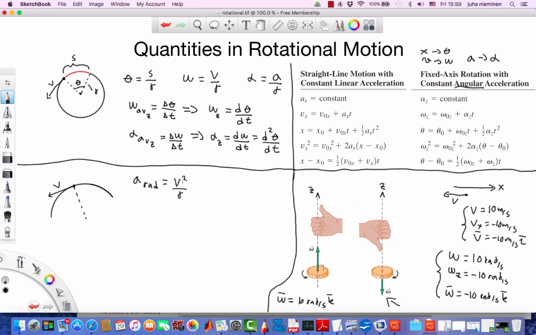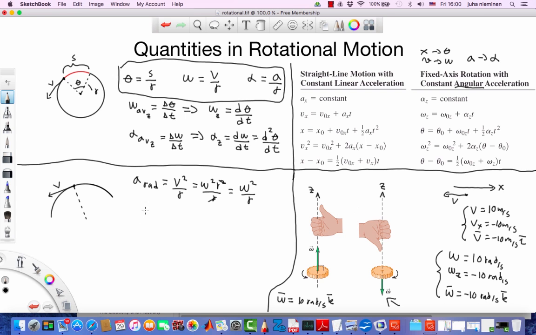And what can we do with this v? So let's keep these definitions in mind. In that case, v is just omega times r. So we get omega times r squared divided by r, and those cancel, so we have omega squared times r. That is the magnitude of the radial acceleration when the angular velocity is omega.